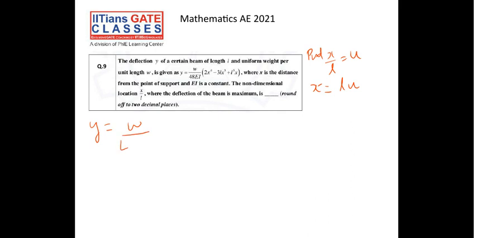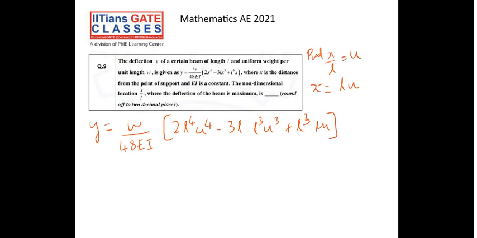We are going to substitute this in our expression for y. So we'll get y is equal to W by 48 EI into 2 L raised to 4 u raised to 4 minus 3L into L cube u cube plus L square into Lu.